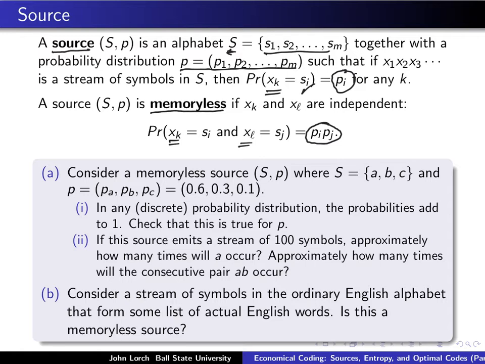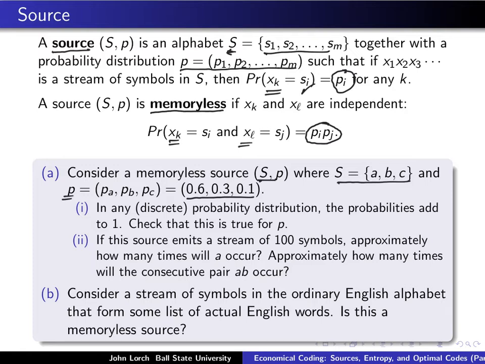All right, a little example on these. We're going to consider a memoryless source, (S, P), where S is just this three-letter alphabet, A, B, C, and P is the probability distribution 0.6, 0.3, 0.1. Again, what this means is that letter A occurs in a stream of symbols at any given location with probability 0.6, B occurs with probability 0.3, and C occurs with probability 0.1.